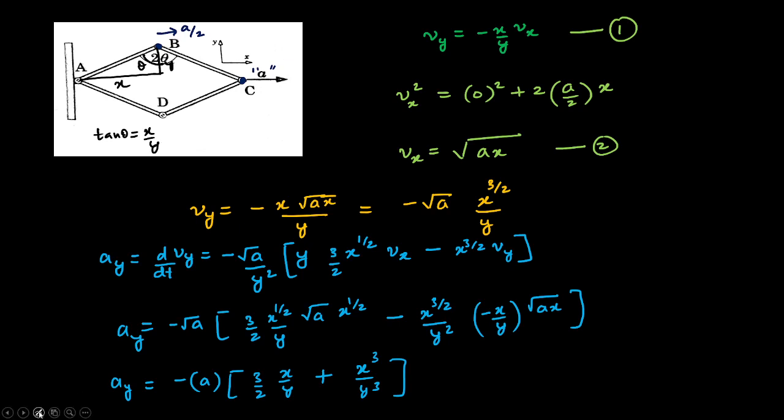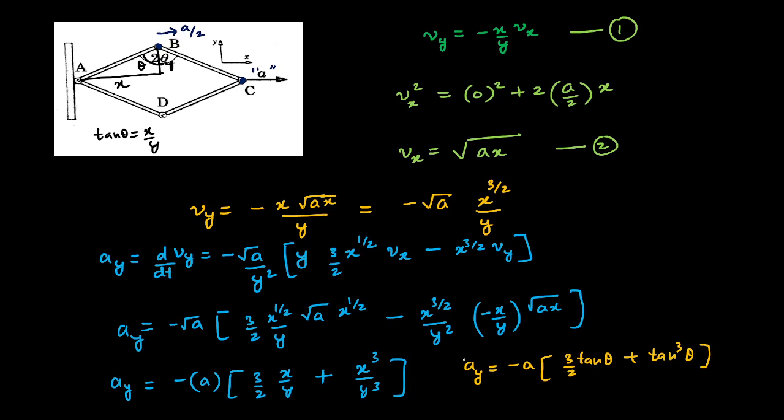So here the acceleration along the y direction is minus a times 3 by 2 times tan theta plus tan cube theta. So we are expressing the acceleration along the y direction in terms of the given parameters here.